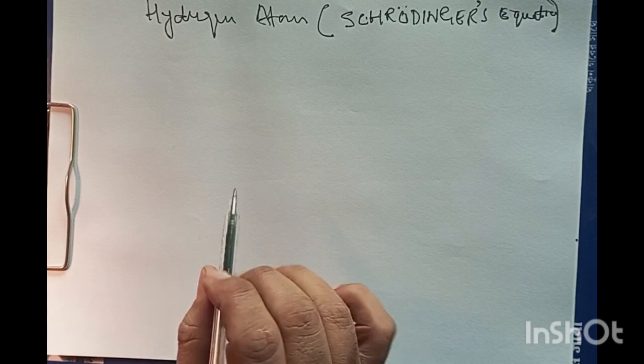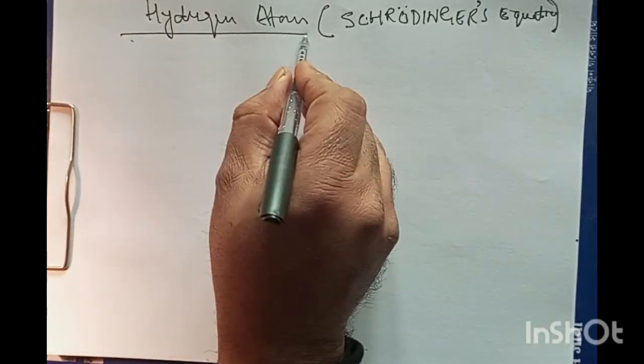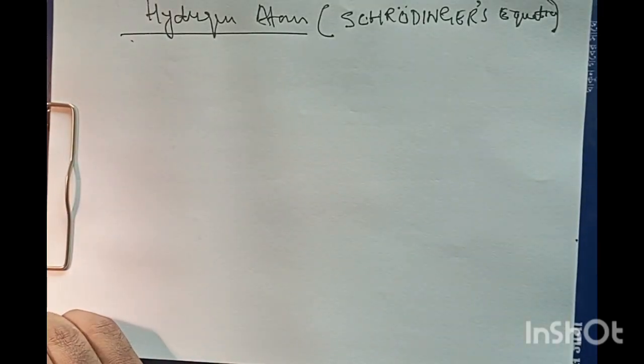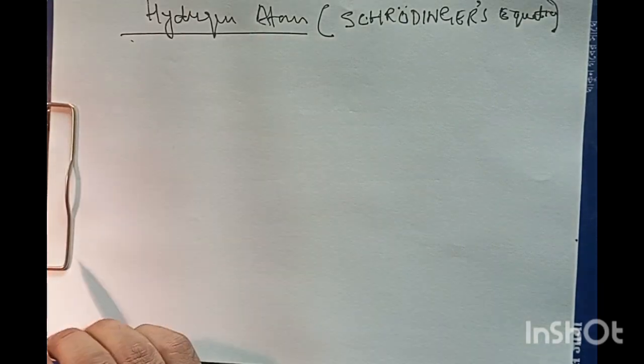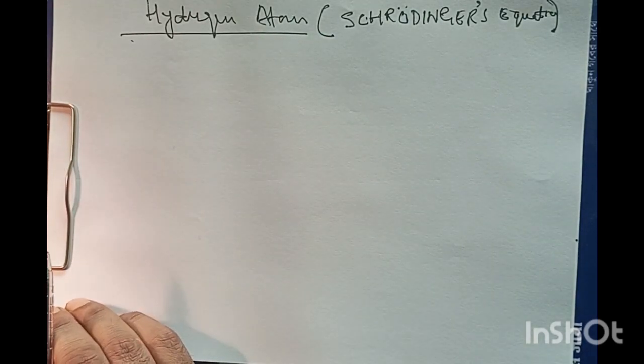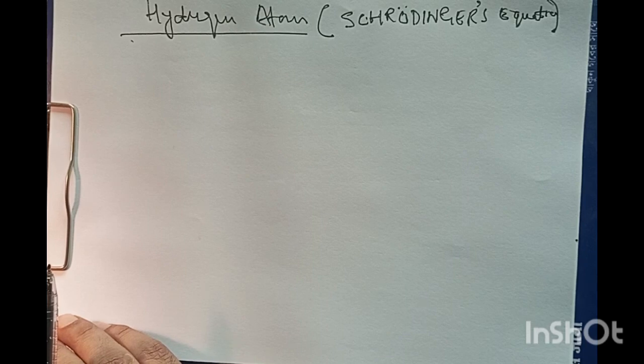In this video, we'll be talking about the hydrogen atom and the problem of the hydrogen atom. In this case, we would like to write down Schrodinger's wave equation for the hydrogen atom.